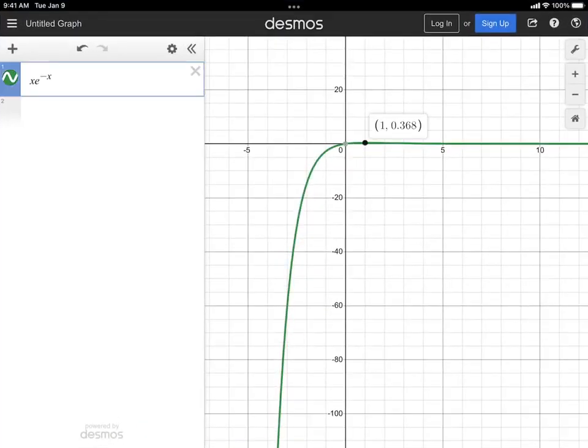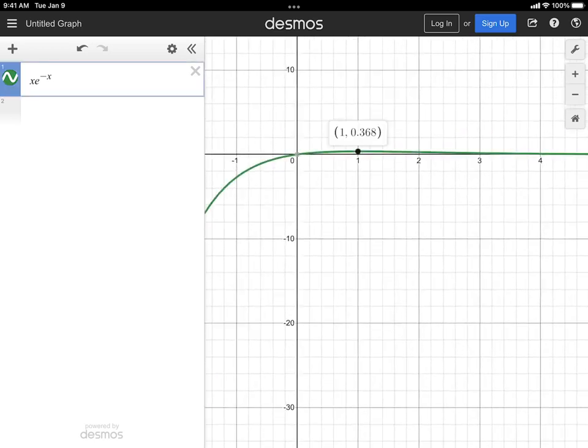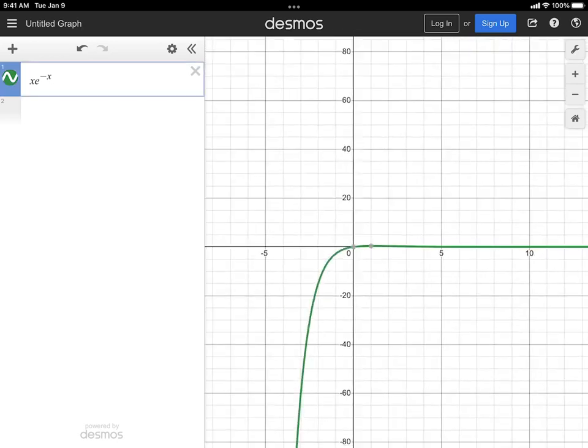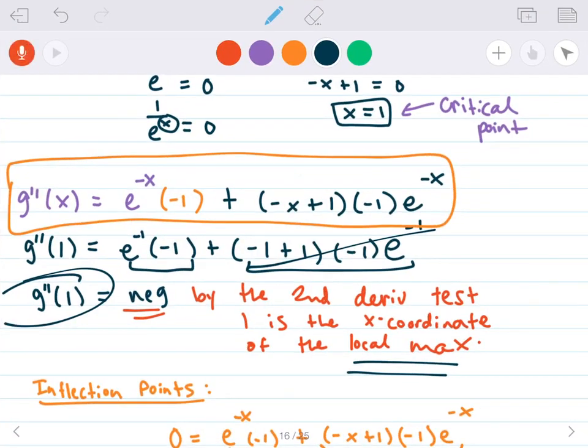So here's 1, and this is going to be my highest point relative to the other points. This is my local max, and then it starts to decrease off. Okay, so that looks pretty good from the picture. It doesn't look like there's any local min. So that's good.